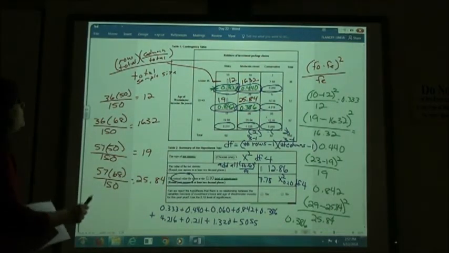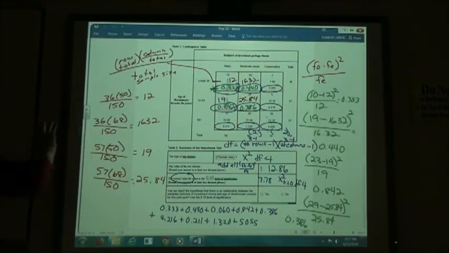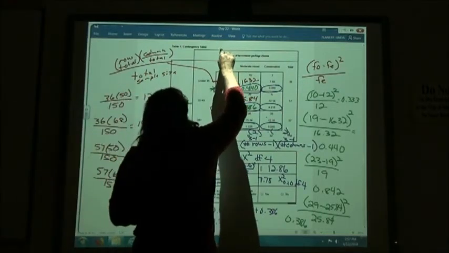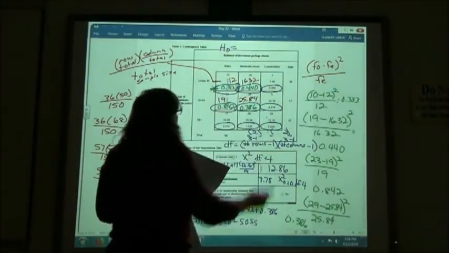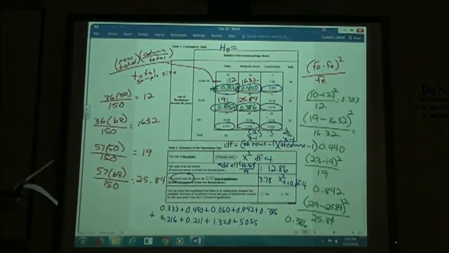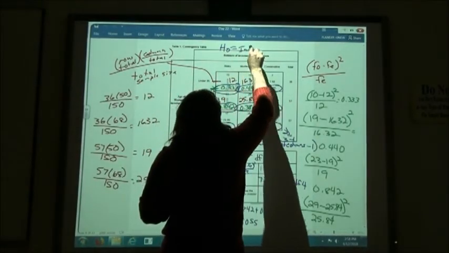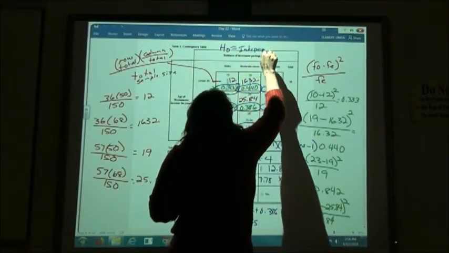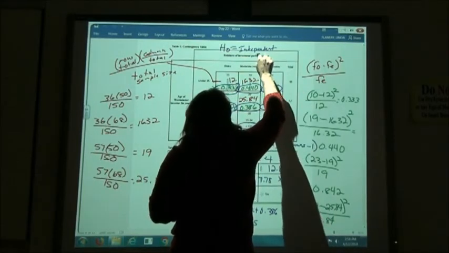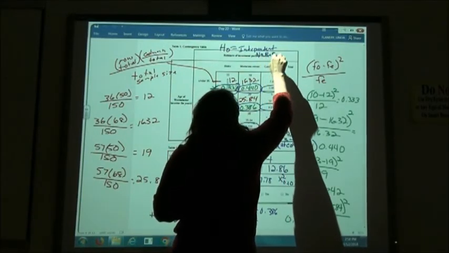So again, on this one, it didn't start out by asking you what the null and the alternative hypothesis is. On these ones, my null hypothesis is always going to be that it is independent and has no relationship.